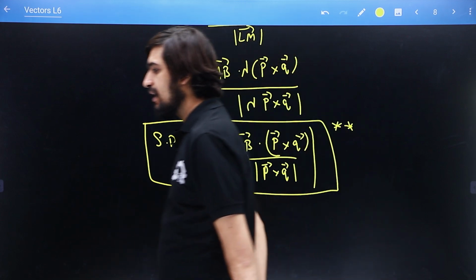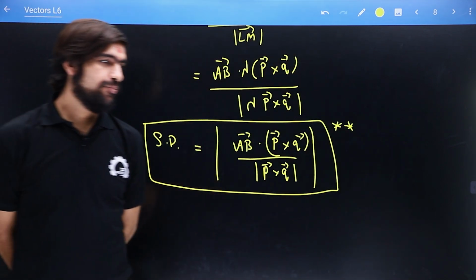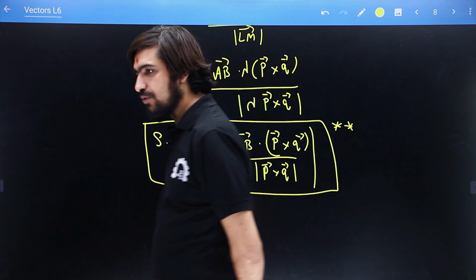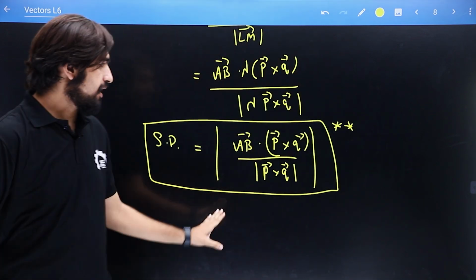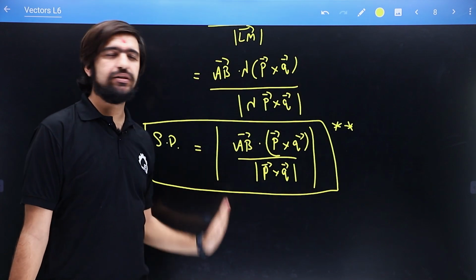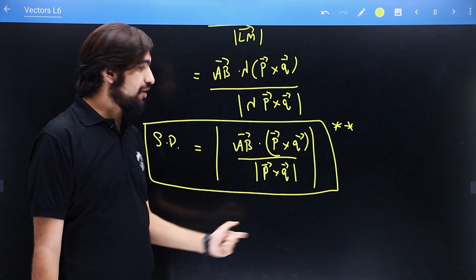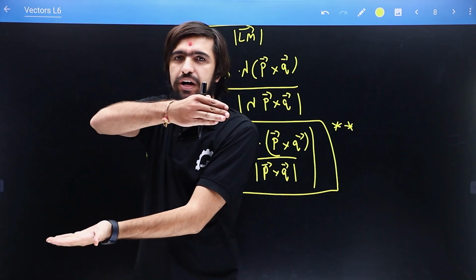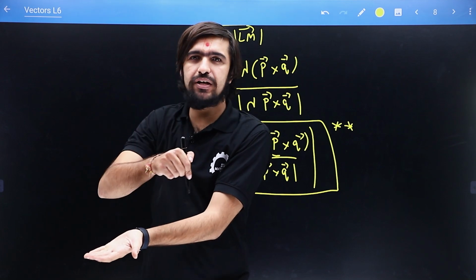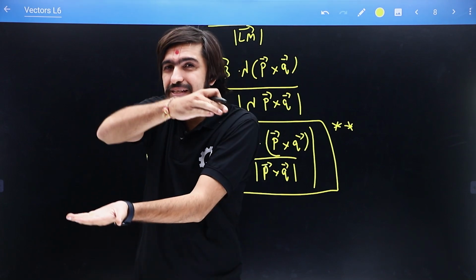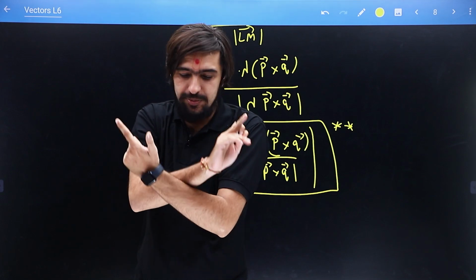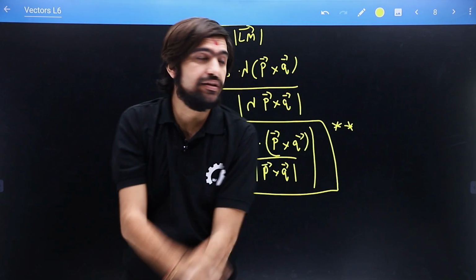That's why we were equating the coordinates of L1 with the corresponding coordinates of L2. In this case, we are by default assuming that the two lines are skew lines. If the shortest distance between them is 0, then again, these were two hands, and a perpendicular line was there. If the shortest distance is 0, that means these two hands are joined together, right? So this means these two lines are intersecting with each other.